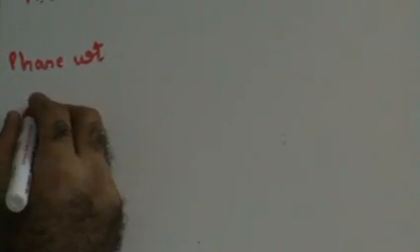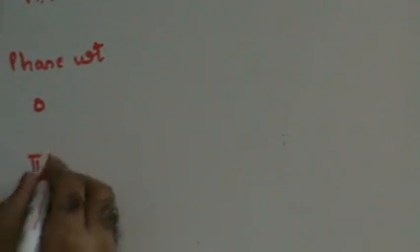Now let's try to see this. Let's first consider the phase omega t. Now what are the various values that omega t can have? Omega t can be 0, 90, 180, 270 and 360 degrees. Right? Let's consider displacement.